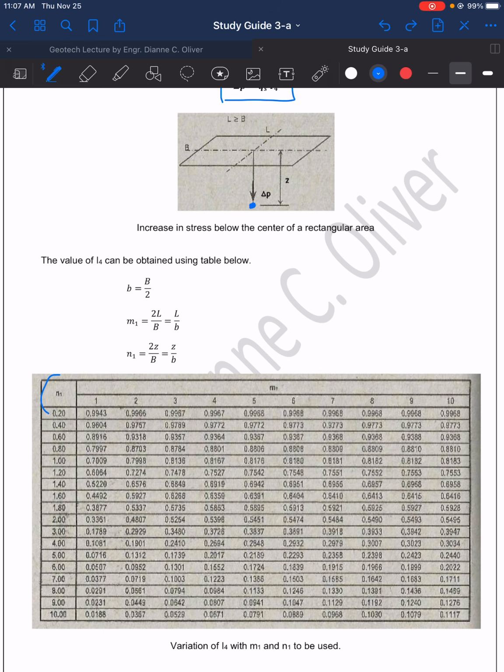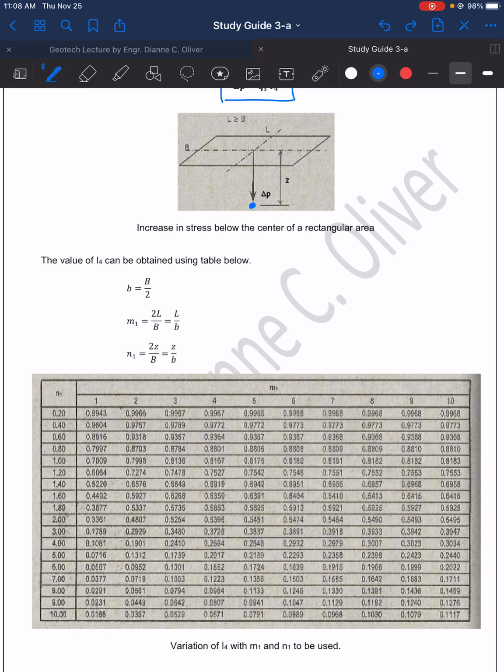The values of m sub 1 and n sub 1 are given by 2 times L divided by B for the m sub 1, and then 2 times the z or the depth divided by B for the n sub 1.